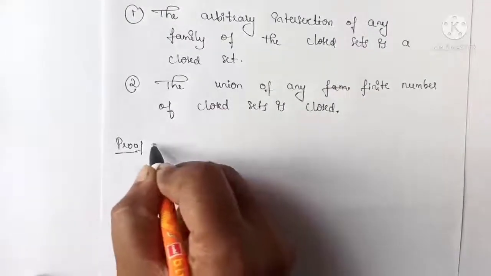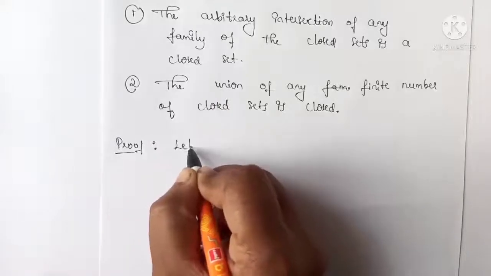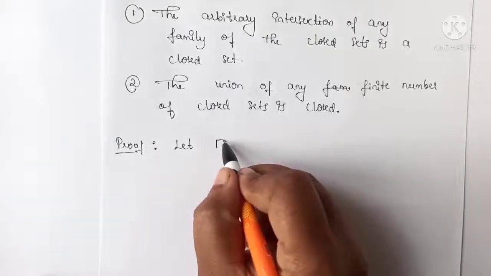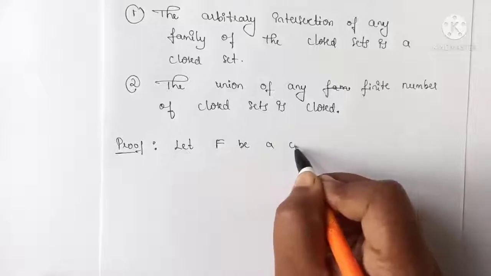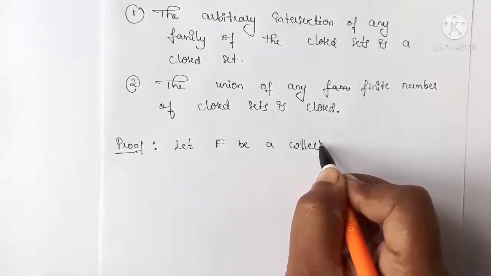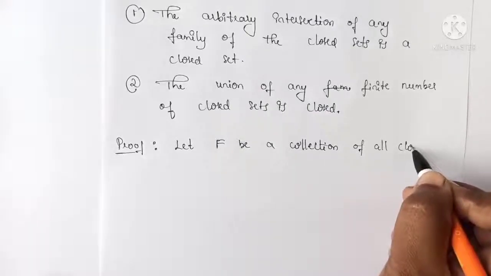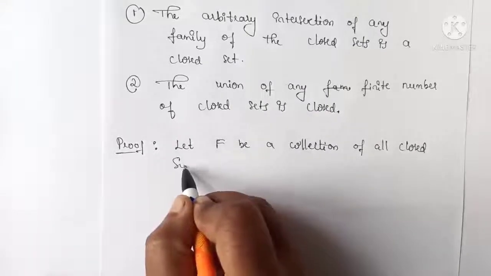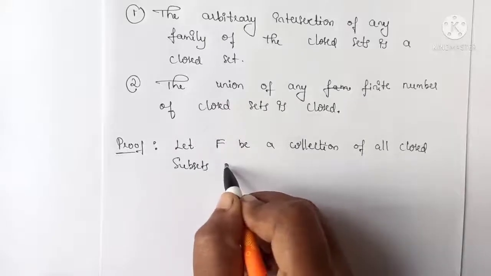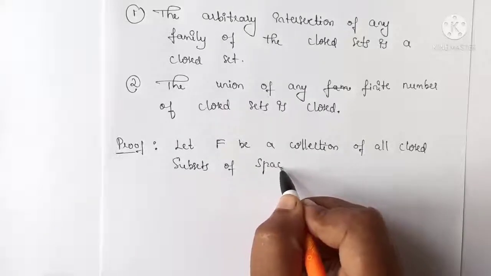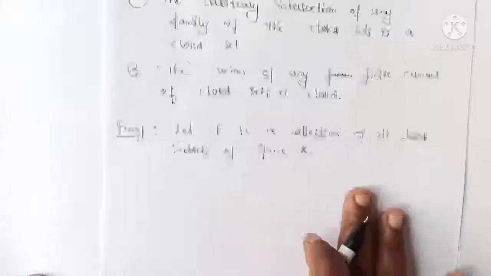Proof. Let F be the collection of all closed subsets of space X. Why is it a space?